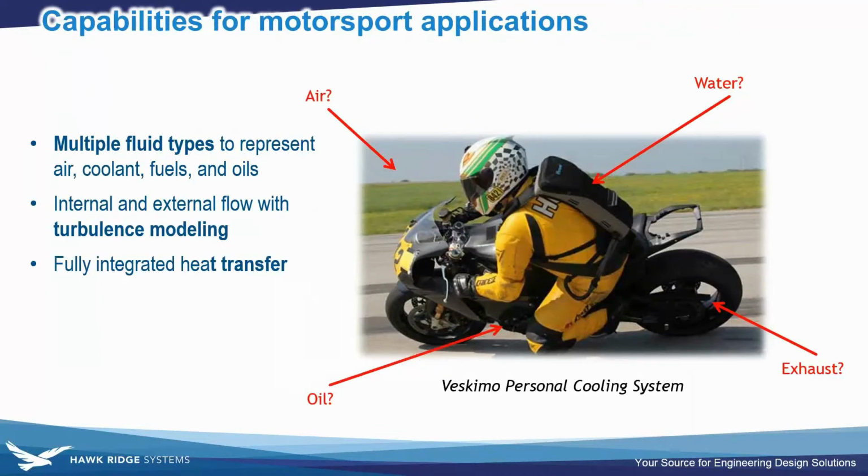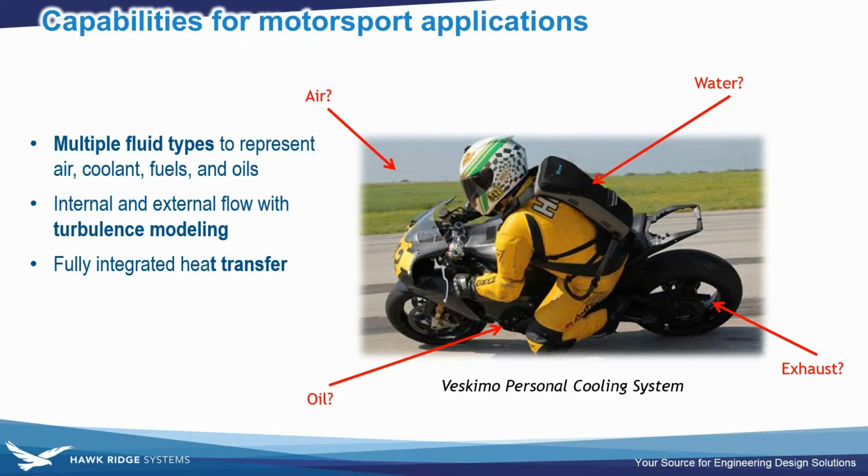And in particular, there are a suite of capabilities in SOLIDWORKS Flow Simulation that are going to be really important for a motorsport application like this. Of course, you can probably tell right away just looking at this image that depending on what component you were designing on a vehicle like this, there might be 4 or 5 different fluids in that image.